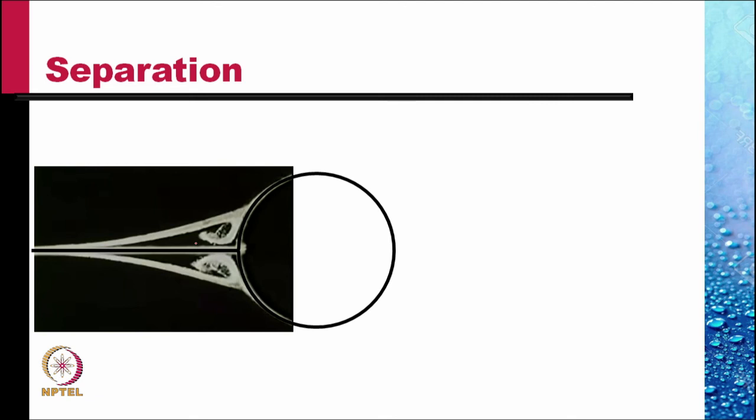Thus, we have the flow which is separating somewhere here on the two sides. And we have vortices formed here in which the fluid is recirculating on top. This did not happen when there was no plate, because though the pressure was increasing, there was no wall on which a boundary layer was developing.